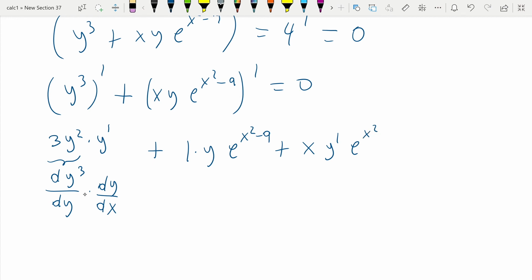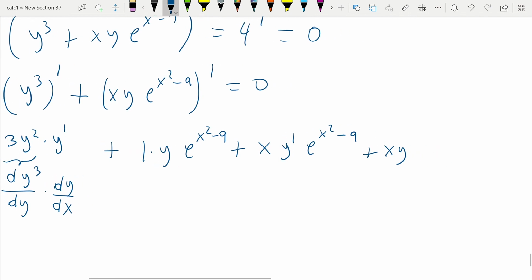And finally, we have x y times the derivative of e to the x squared minus 9. We apply the chain rule there, and we have e to the x squared minus 9 times the derivative of the exponent, which is 2x, and that is equal to 0.